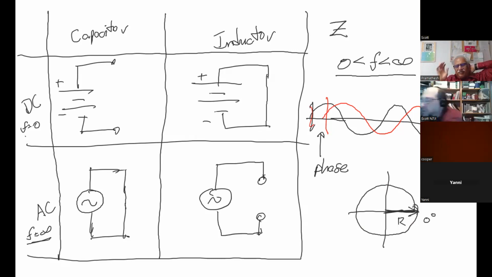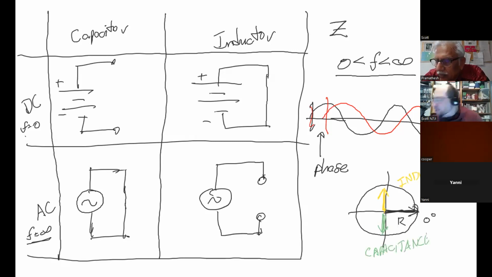However, our reactance, and thus what our capacitor and inductors do: inductance goes up, and our capacitance goes down on this circle.